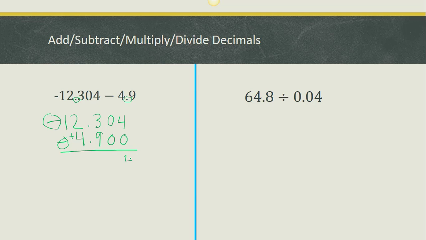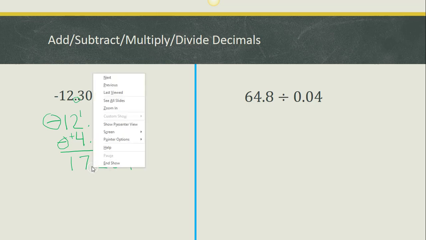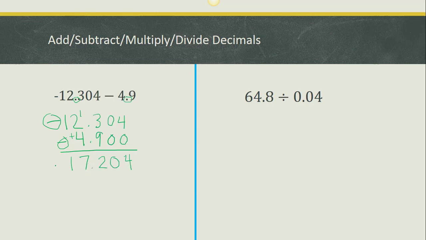So 4 plus 0 is 4, 0 plus 0 is 0, 3 plus 9 is 12, 2 plus 4 plus 1 is 7, and 1. Bring the decimal straight down and keep the negative. And there's our answer for that.